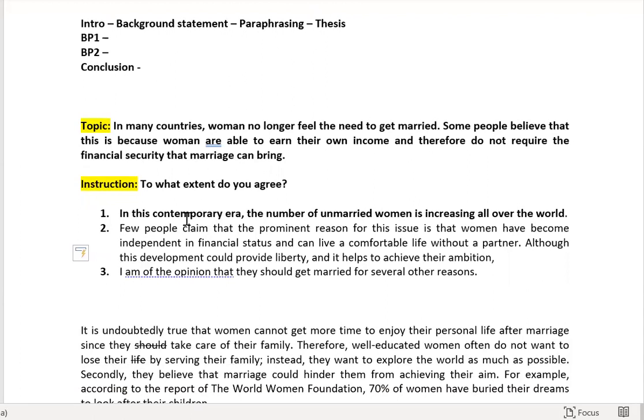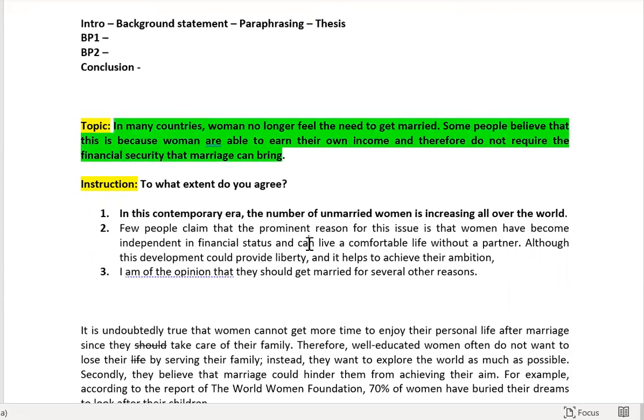Now let's go to the paraphrasing. Paraphrasing means whatever the topic is, you have to write it in different words, in our own words, basically. For example, if I say nowadays people are becoming more selfish, this is one sentence.